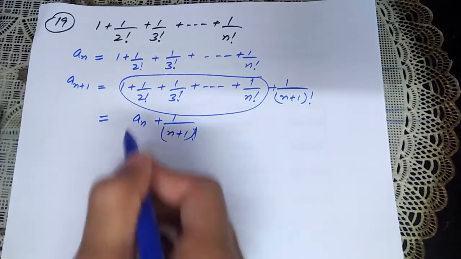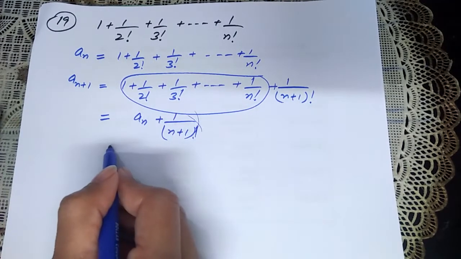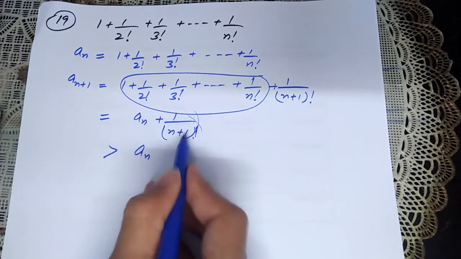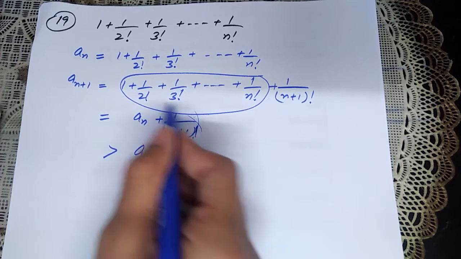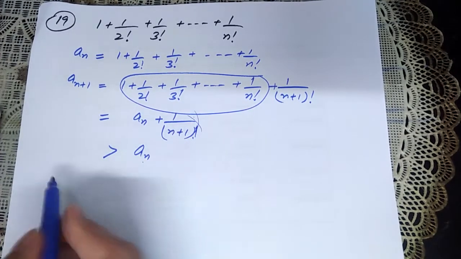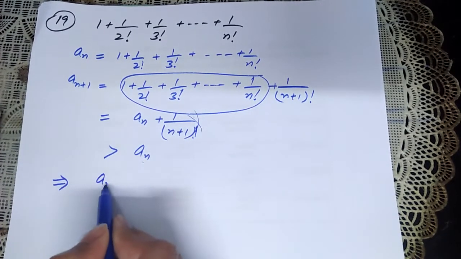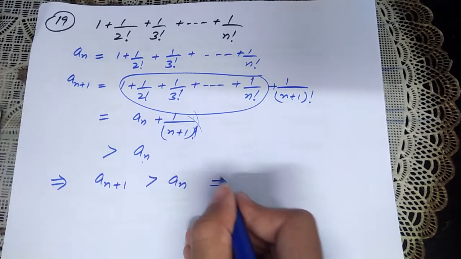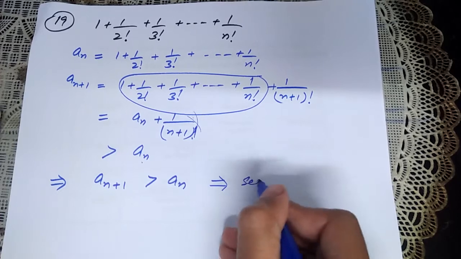You see that this thing is greater than a_n, because in a_n some more term is adding up here. So we can say a_(n+1) is greater than a_n. This shows that the sequence is increasing.